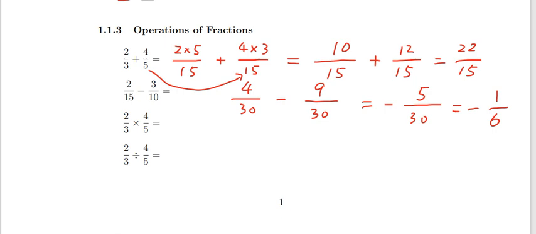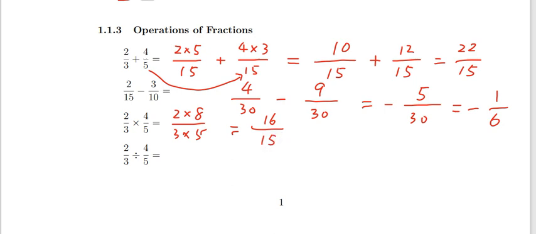Okay, so for multiplication, it is just the numerator multiplied by the numerator, and the denominator multiplied by the denominator. So that equals 16 over 15.